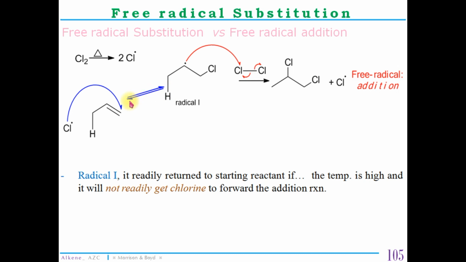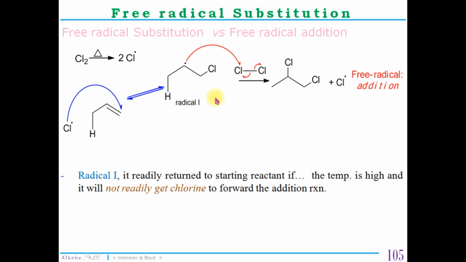Here step 1 is reversible. The alkene reacts with a chlorine radical, and in step 2 this radical reacts with chlorine gas. Now if the temperature is high, the majority of the chlorine gas is converted into radicals.